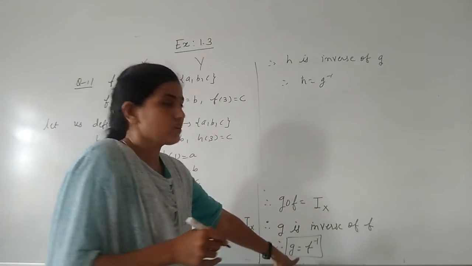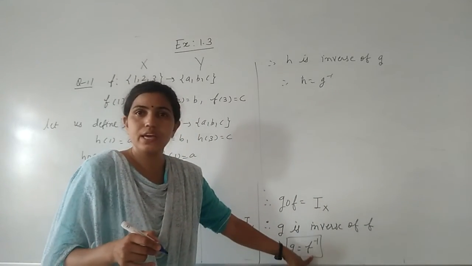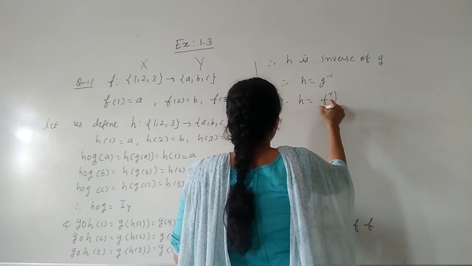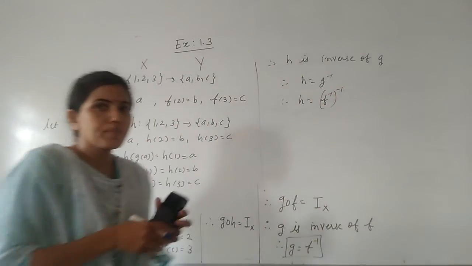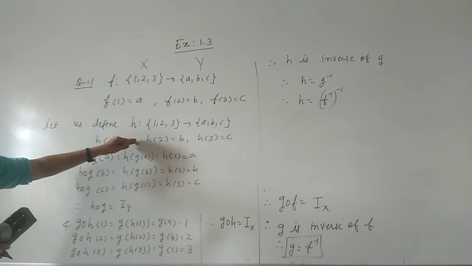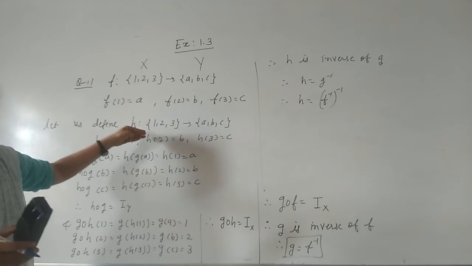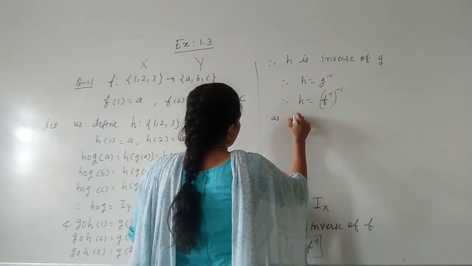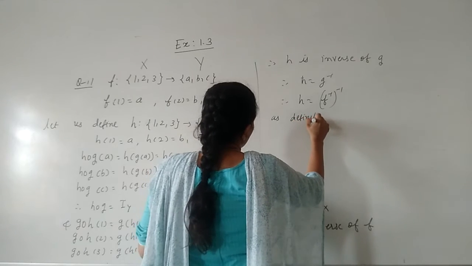Okay, but what is your G inverse? What is your G? F inverse. Therefore H is equal to F inverse of inverse. But by the definition of F and H, what can we say?